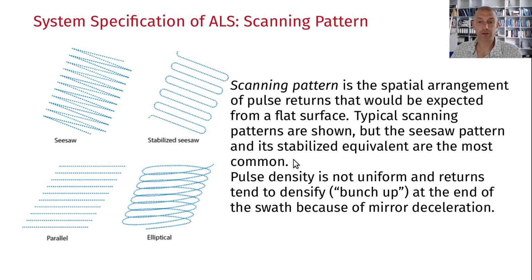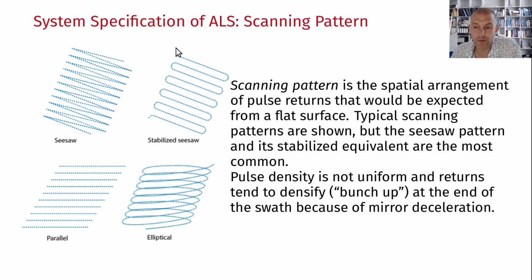It's not only about the scanning frequency, it's also about the type of mirror and system that you're using. Very often you just use a simple scanning mirror that is not changing direction, and then you have a seesaw pattern. So if this is your flight direction, then the mirror is rotating and just diverging the beam while you're moving forward.